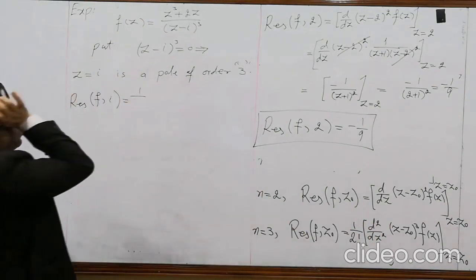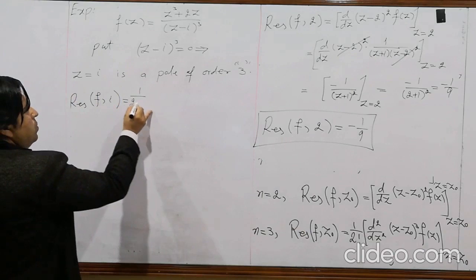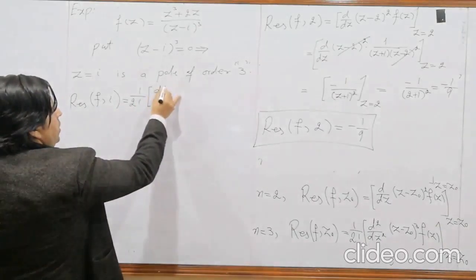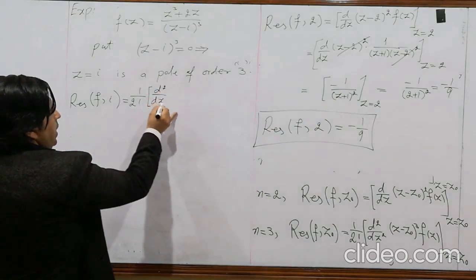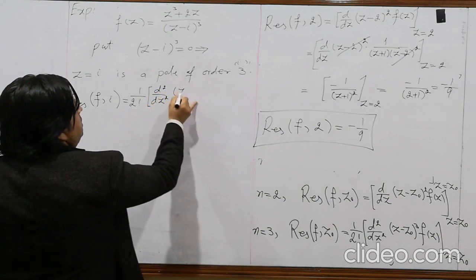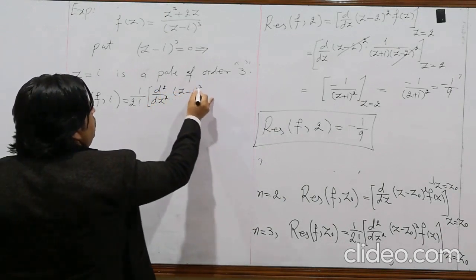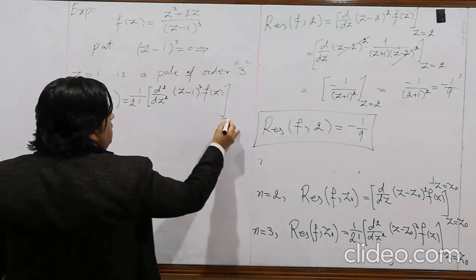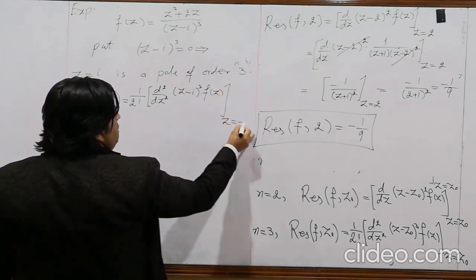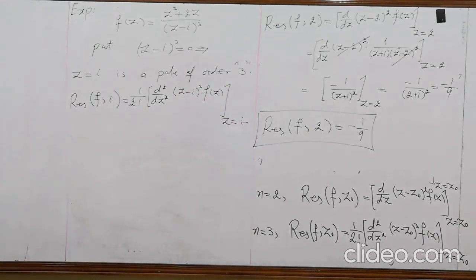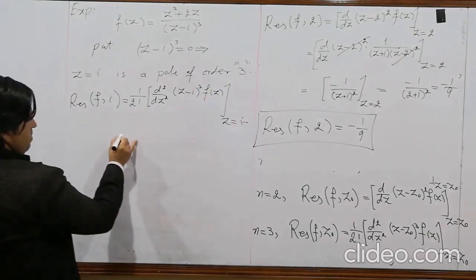Just put n is equal to 3. You will get 1 over 2 factorial into d square over dz square of z minus iota cube into f of z, and the point is z is equal to iota. This is our pole. And now we have to simplify this.